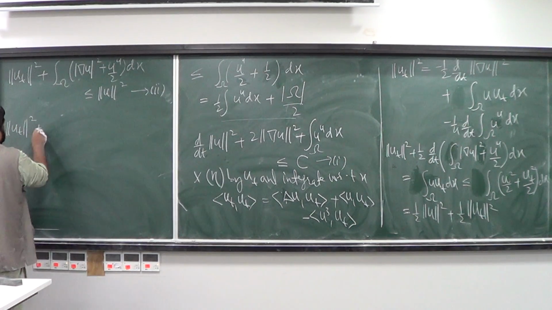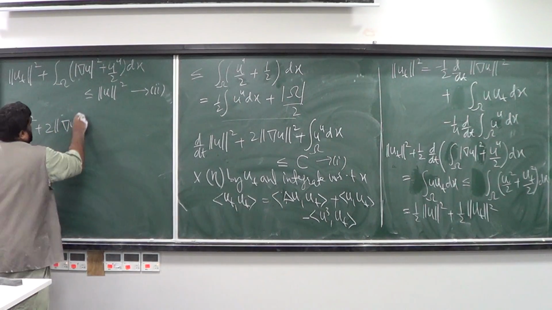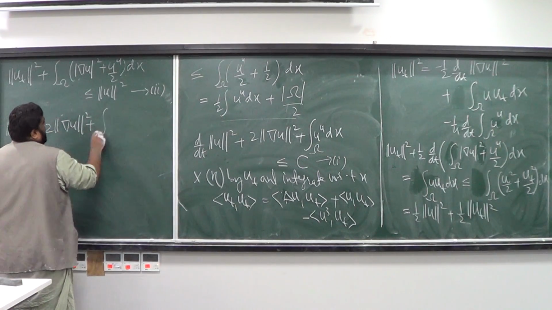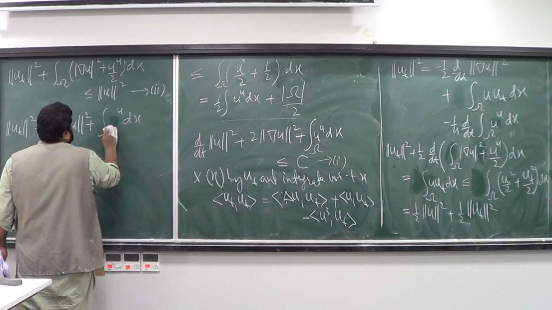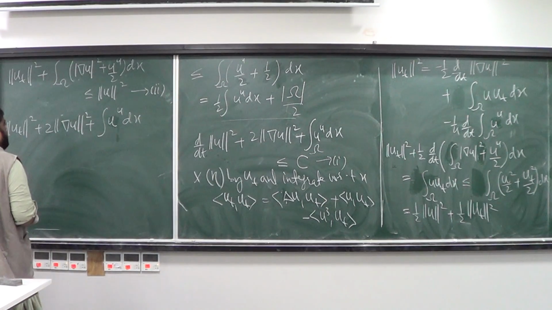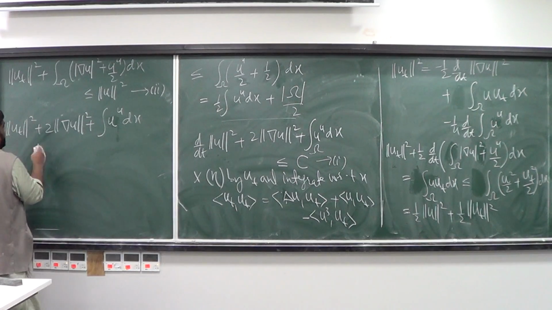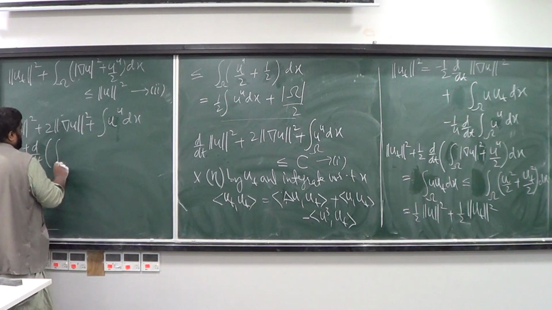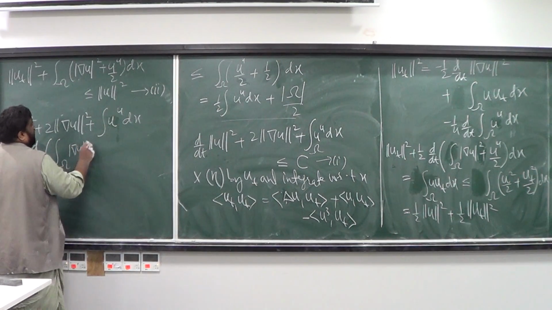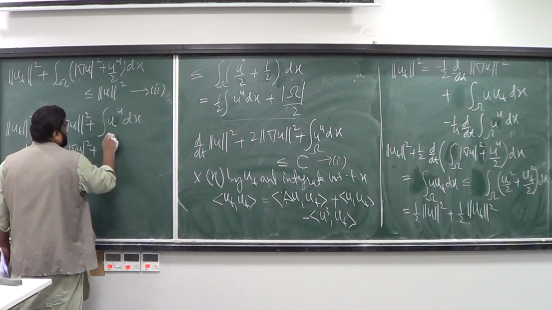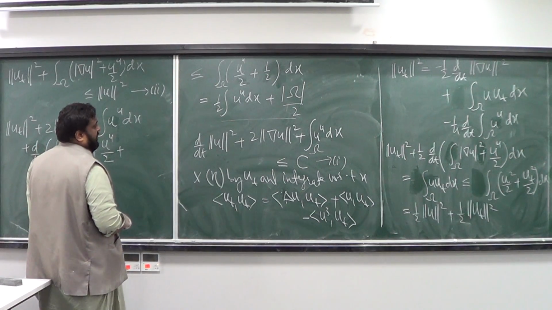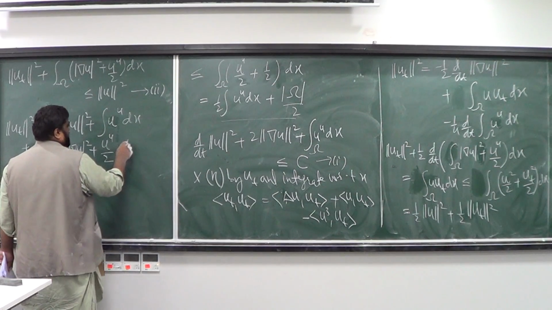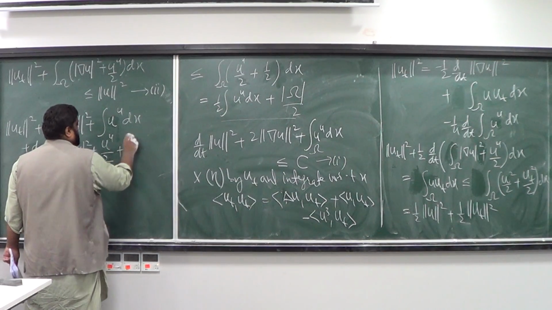square plus 2 times the gradient of u square plus the integral of u power 4 dx, okay, u power 4 dx, plus d by dt of the integral of the gradient of u square, u power 4 upon 2, plus the norm of u square actually, okay, u square.